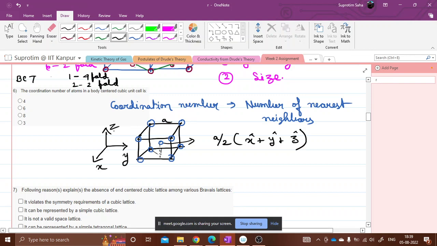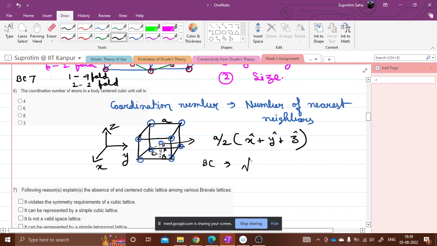This is your x, this is your y, and this is your z. All right. So think that this has some distance. Let us just calculate the distance of this, right? So from Pythagoras theorem, this is A, this is B, this is C, this is D. So let us just calculate the length of BC.